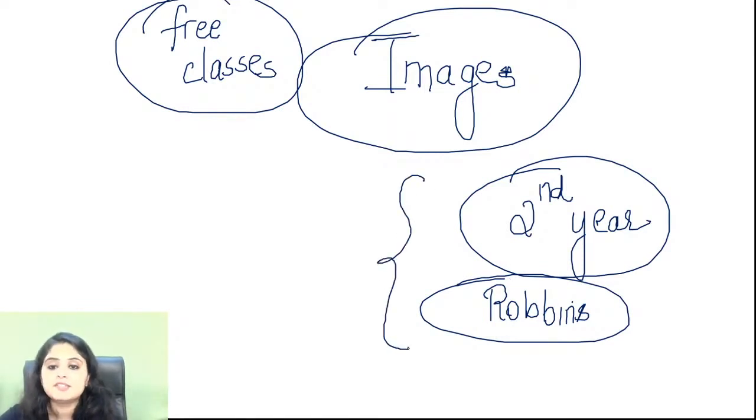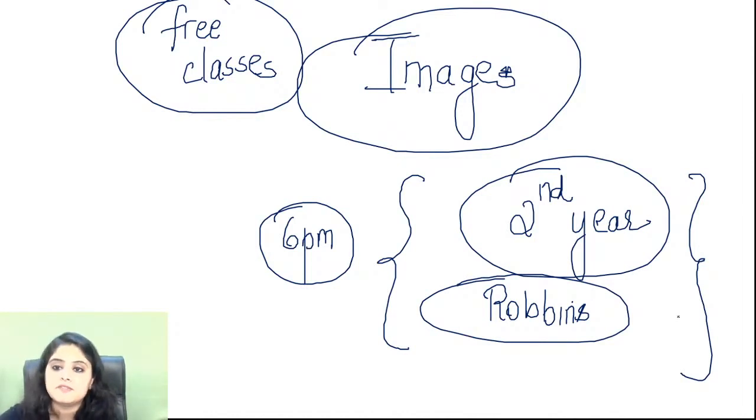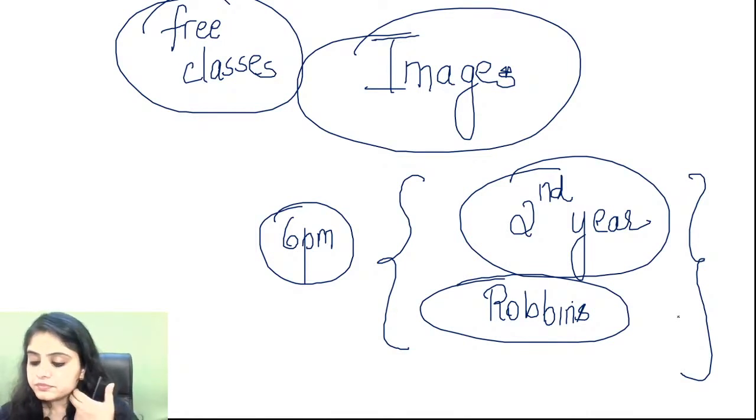So tomorrow at 6 p.m. I'll give you a small briefing of the do's and don'ts if you're in your second year, because I've got so many queries on this. It's very difficult to explain to everyone over Telegram or Facebook or chat windows. So I guess a short discussion of 15-20 minutes with all of you will certainly be beneficial, right? I've got one small plan which will really help you decode a vast book like Robbins, and also other things that you have to do in second year.